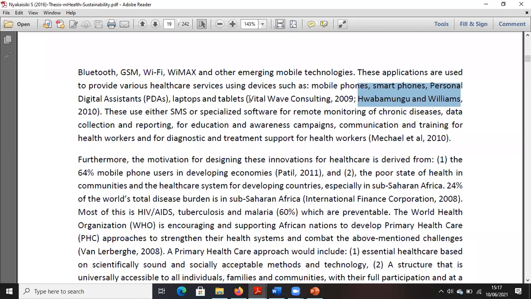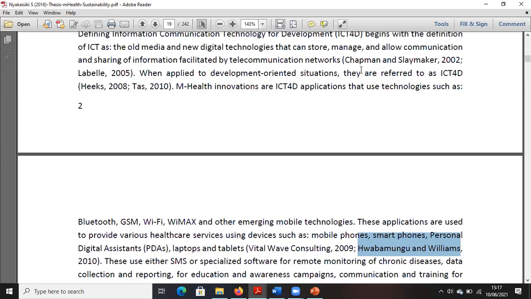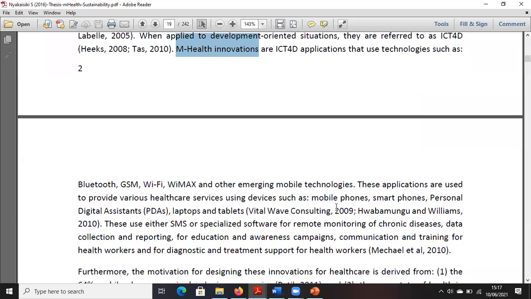I'm quoting two people, two different works here. What I'm quoting is an idea or certain ideas they put forward. They were talking about mHealth applications, mHealth innovations. They didn't say it directly, but they were saying that these applications have been used in healthcare.